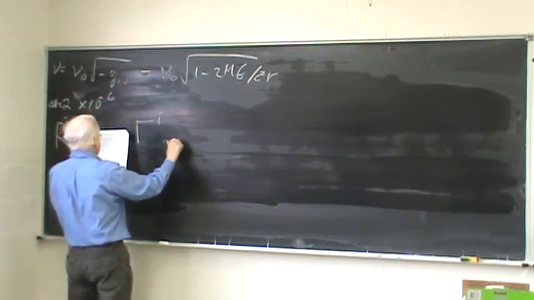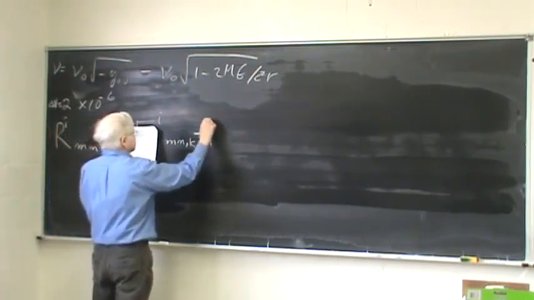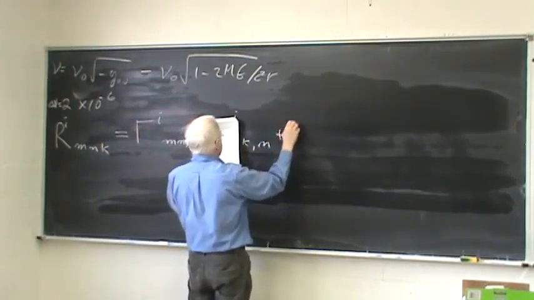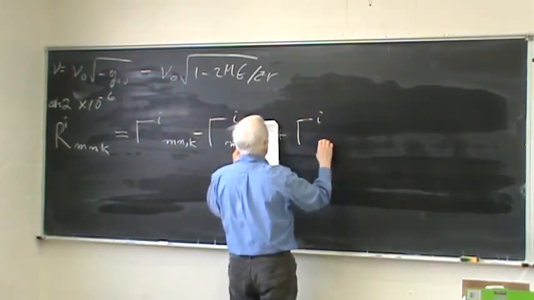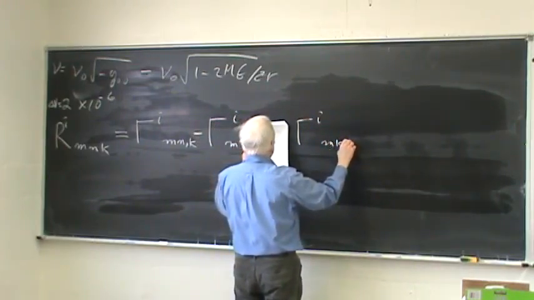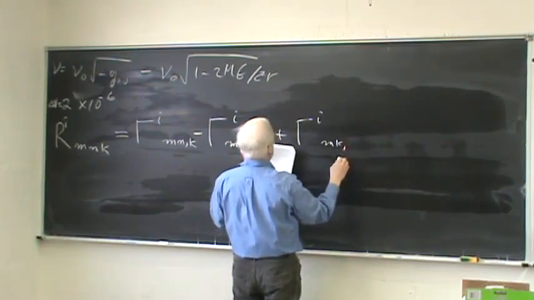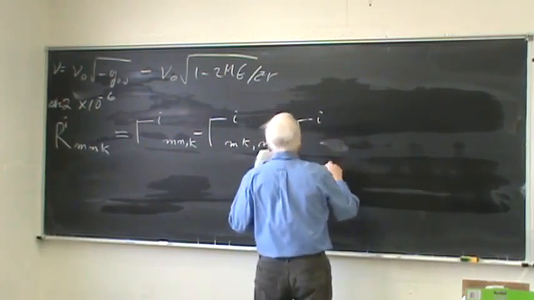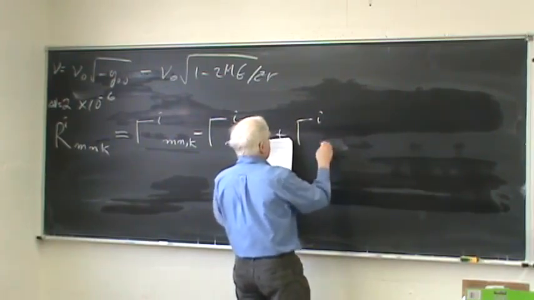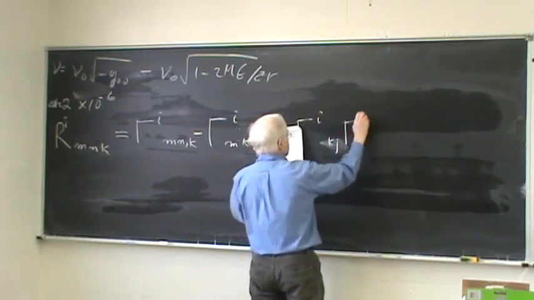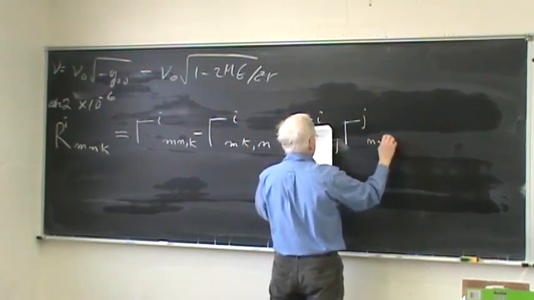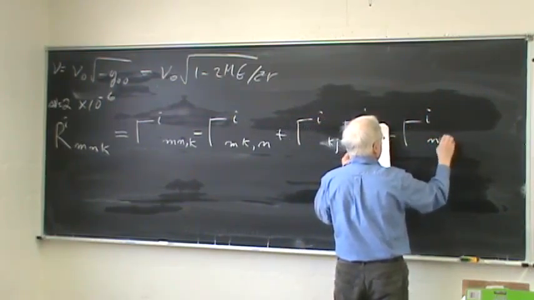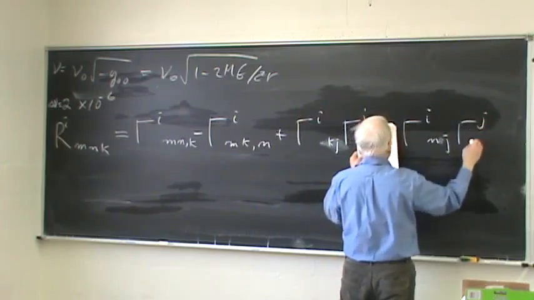So this is gamma^i_{mn,k} minus gamma^i_{mk,n} plus gamma^i_{kj} gamma^j_{nm} minus gamma^i_{nj} gamma^j_{km}. Let me get this right. In fact, I got it wrong already.